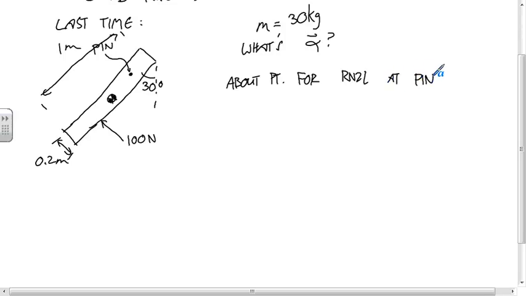We could do that because it's a fixed point, and went through all the work, and we got that the angular acceleration was equal to 0, 0, negative 11.17 radians per second squared.